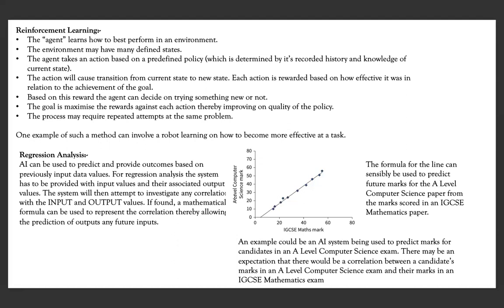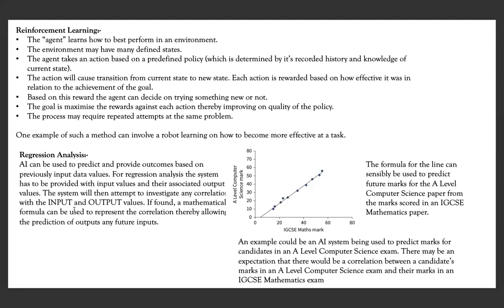So this is how analyzing current known values can be used for future prediction: input values, from maths marks for example, can be used to predict A levels computer science marks based on the previously known values. This is what regression analysis is.